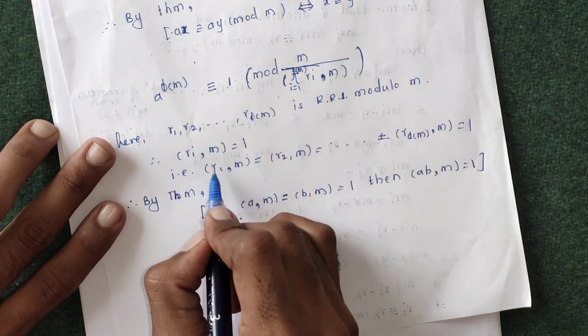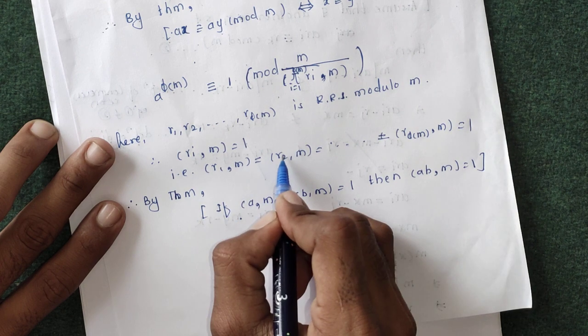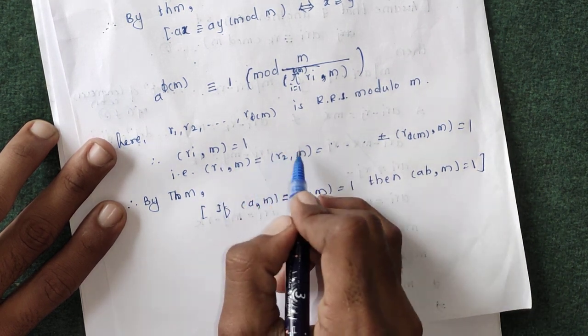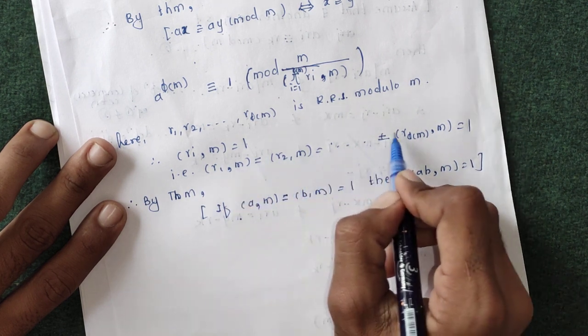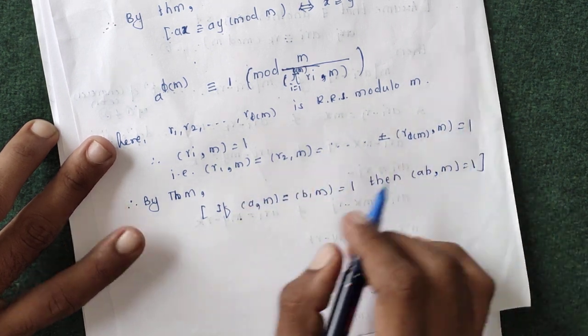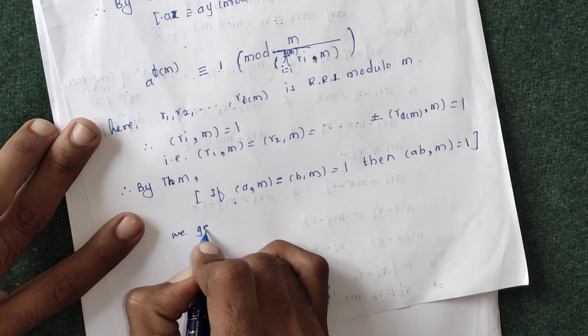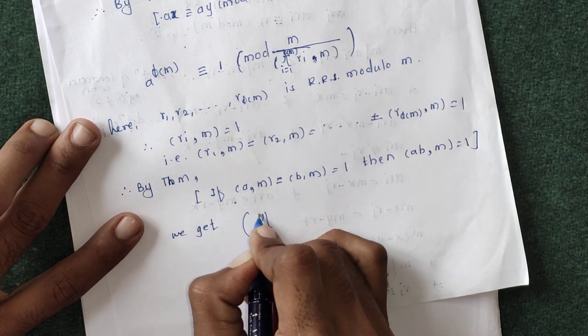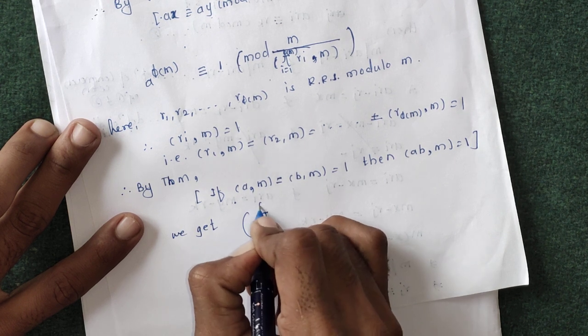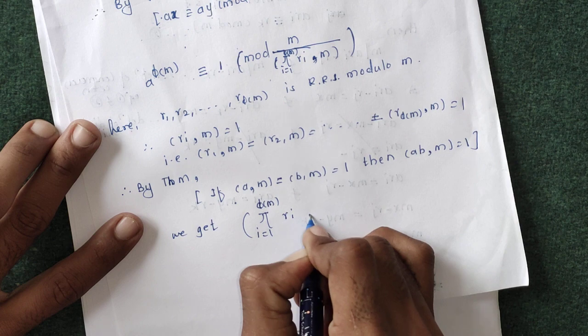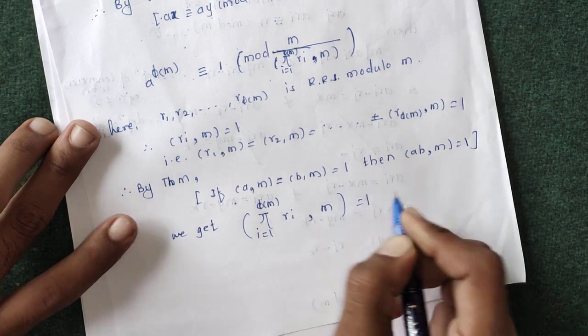Using this result, we can say that GCD of r1 into r2 with m is again equal to 1, r1 into r2 into r3, that is the product of all these ri's with m is 1. Therefore, we get GCD of the product of these ri's, i running from 1 to phi of m, with m is 1.